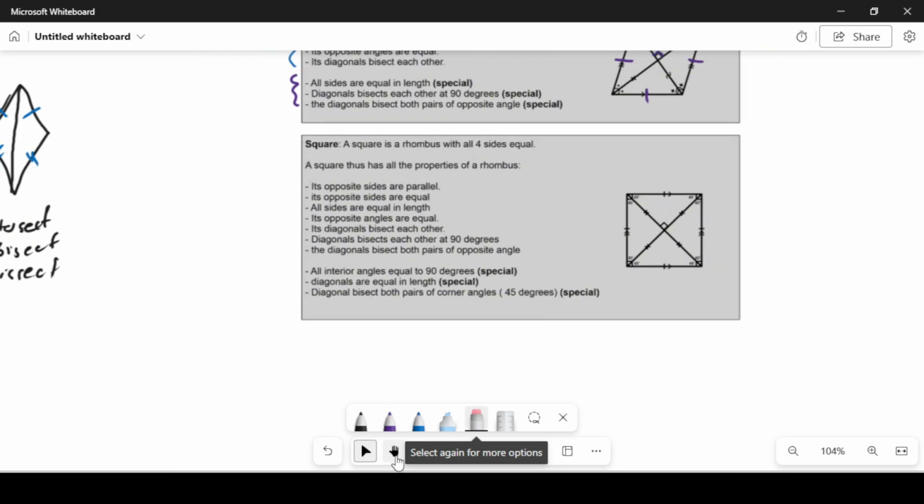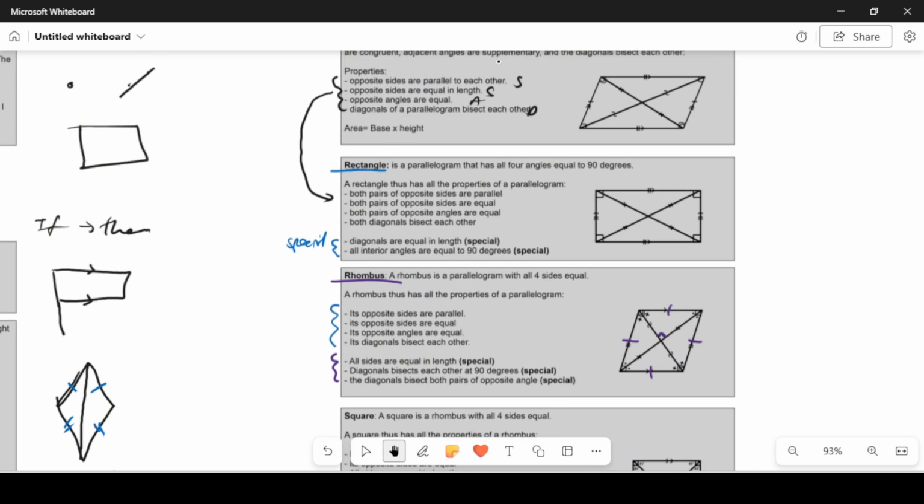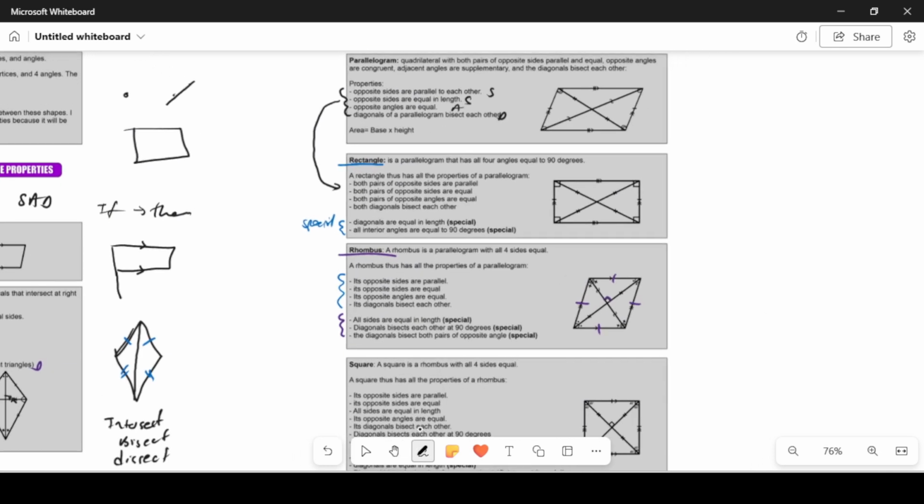The way you remember it, right, you're not actually learning a lot of things. You're basically just learning the properties of a parallelogram, all of these here, right? And you can see it applies here, even here and here, right? And then you're just going to learn what makes a rectangle different from a parallelogram. So you're just learning two more things.